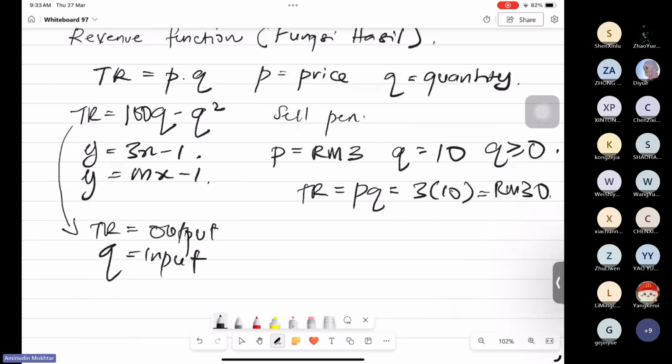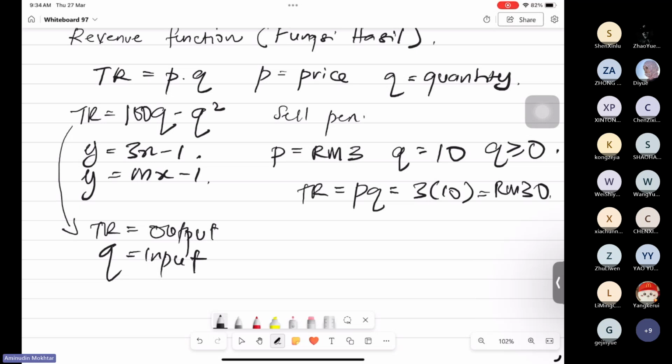Because TR is at the left hand side of the equation, and Q is at the right hand side of the equation. So TR is output, Q is input. So in order to know the value of TR, we need to decide what is Q. We need to find the value of Q. That's why the value of TR depends on the value of the quantity.